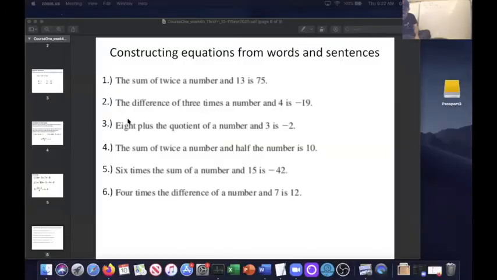Okay. And now we got number 2, the word difference. Vi, what's the word difference mean?